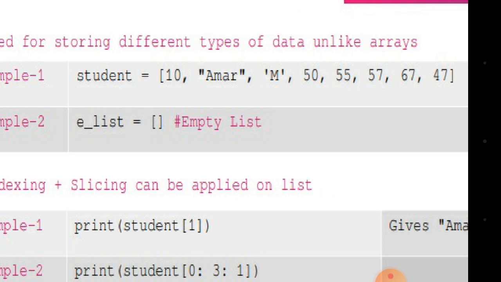Then in single inverted commas, a single character, M. Then 50, 55, these are integer numbers which are considered as grades. So here I have taken one student's data. 10 is the roll number, you can say. Amar is the name of that student. M represents the sex of that student, that is male. Then 50, 55, these are the grades he achieved in the last examination.